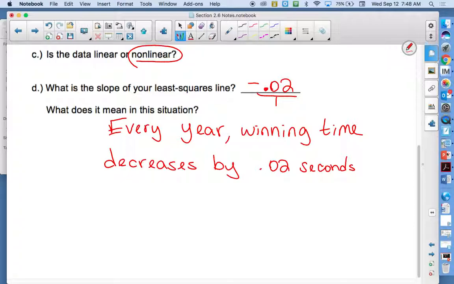So once you calculate that slope, it's over 1, because really there's nothing on the denominator. So to keep it equivalent, we would just put it over 1. So we're talking about time, the speed of the race, and the fact that the time of the winning race is decreasing.